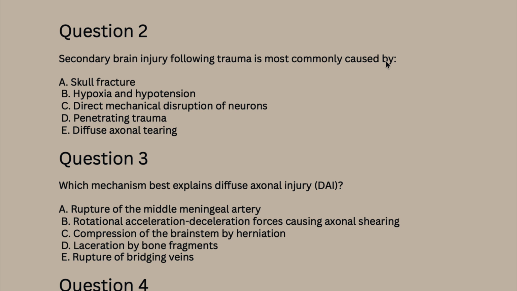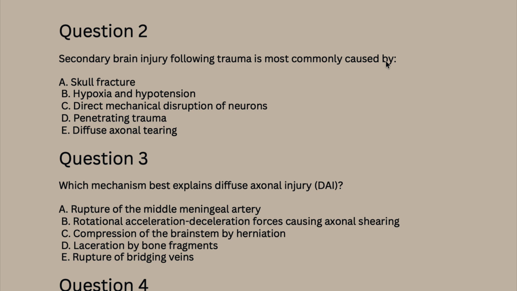you need to keep in mind that this is one of the highest yield concepts in neurotrauma as part of neuro. When the head suddenly rotates, different parts of the brain move at different speeds. So the long axons become stretched and torn.